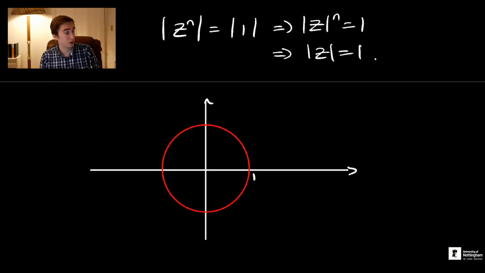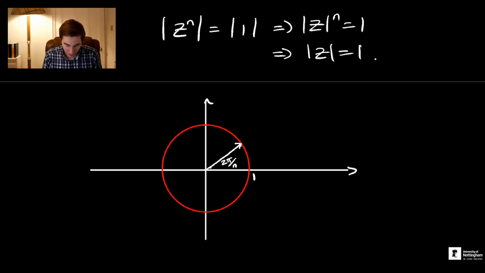So I know that one of my solutions is indeed this point 1 here. And what would be another solution? Well, another solution must be one that is 2 pi divided by n around this complex plane. Why is that the case?